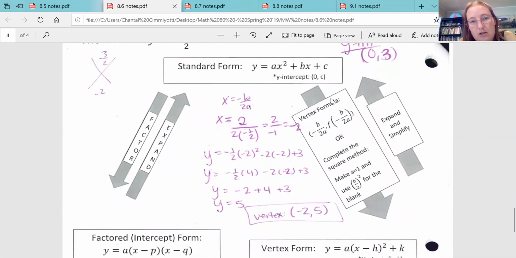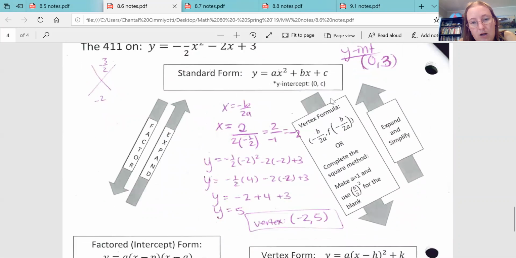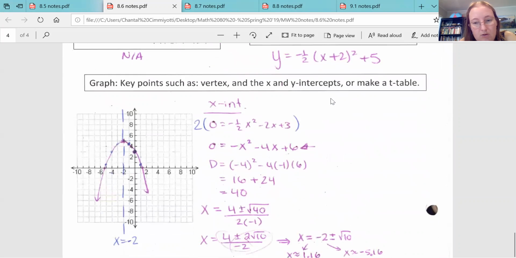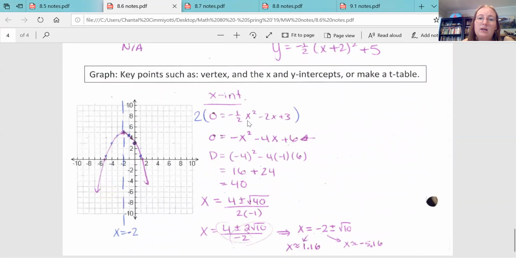All right, here is another one. I'm going to talk about this again. It did not factor, so I use quadratic formula. And when I go to plot these, I'm going to have to find the approximation to plot it on a graph. So I can take out my calculator and type in -2 plus the square root of 10 and then -2 minus the square root of 10 and plot those approximations.